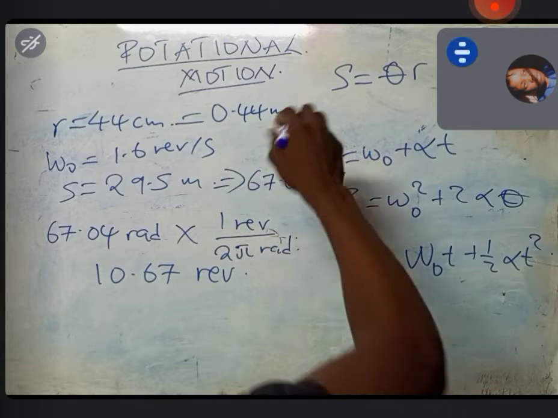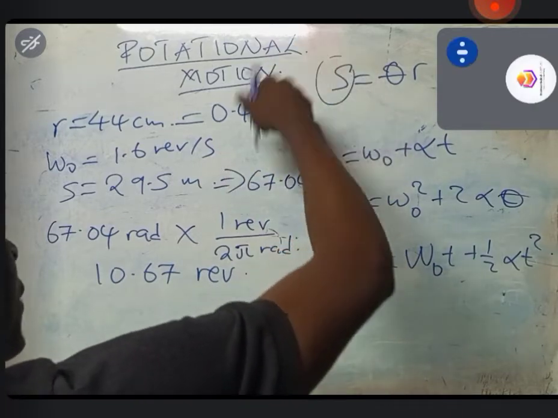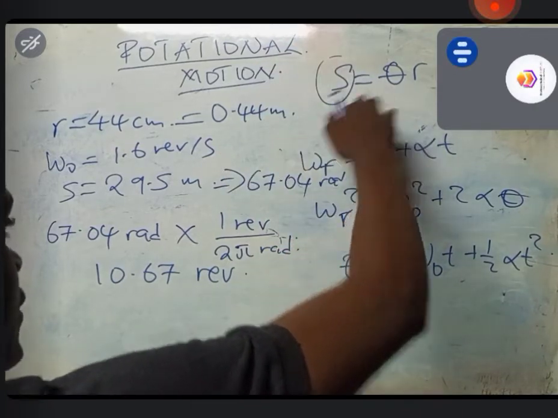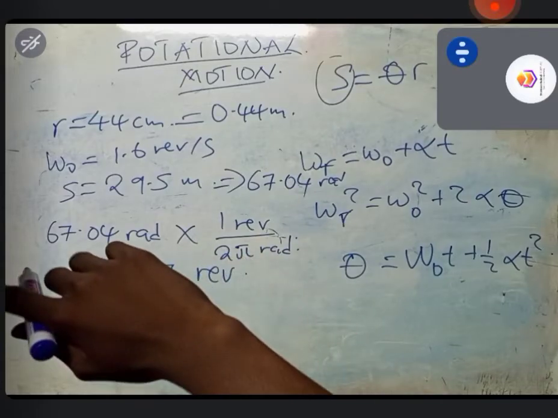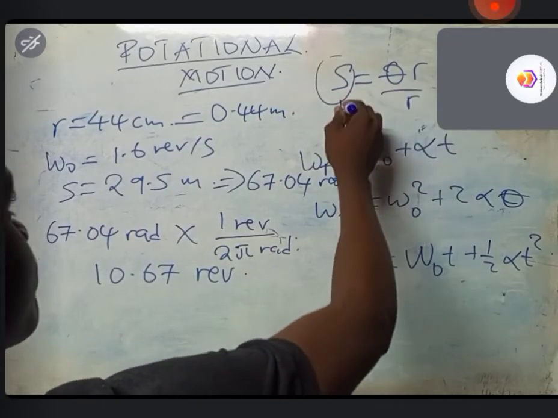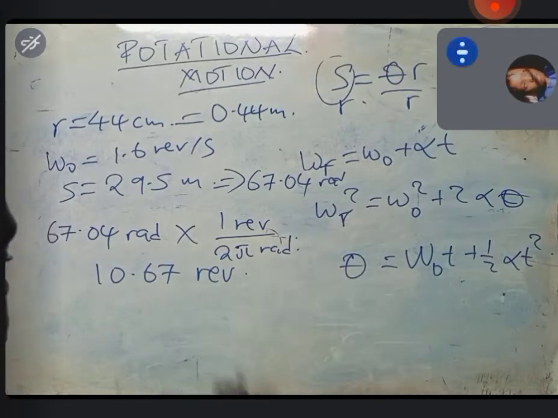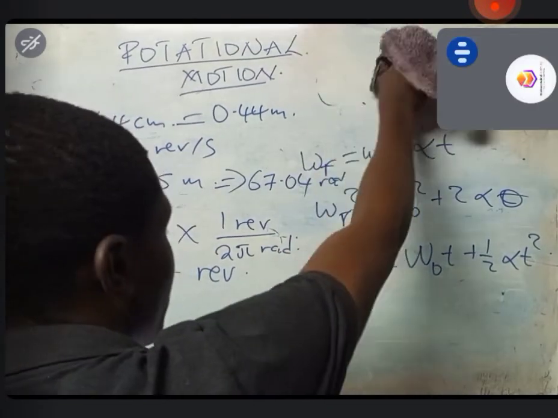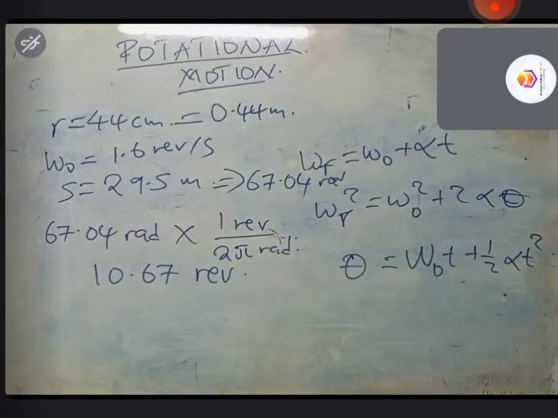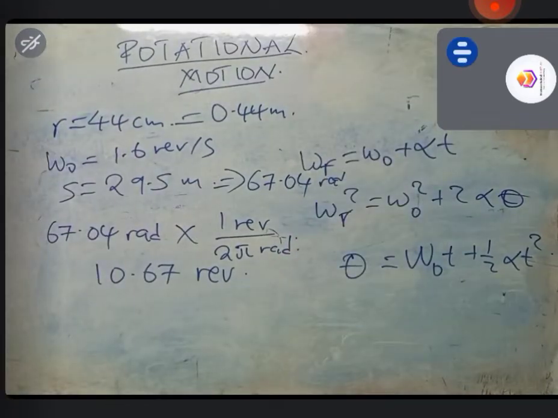Yes. So you have the displacement, and now you want to find the angular displacement. So you divide by the radius, right? Do you get it? So we divided by 0.44. But then looking at the question, they want our answers in revolutions, so we had to convert the radians to revolutions.